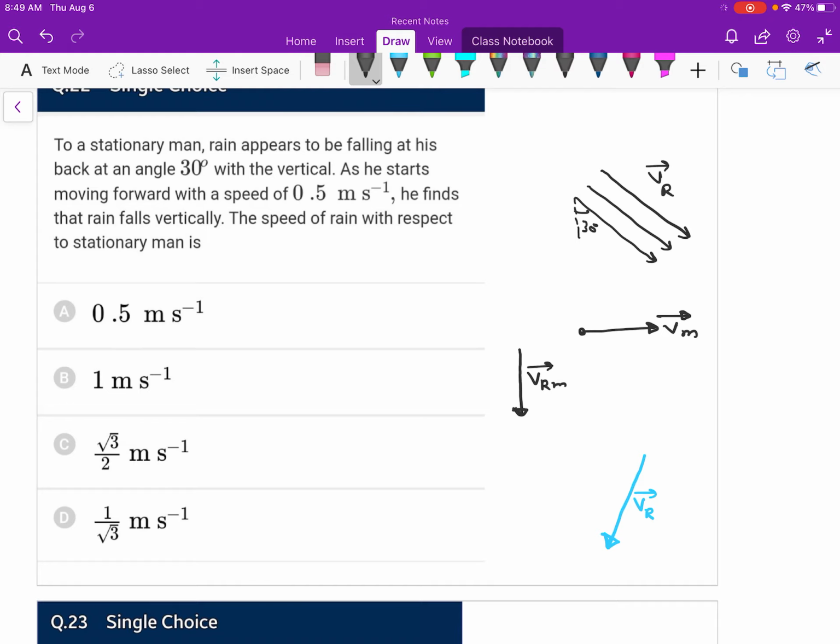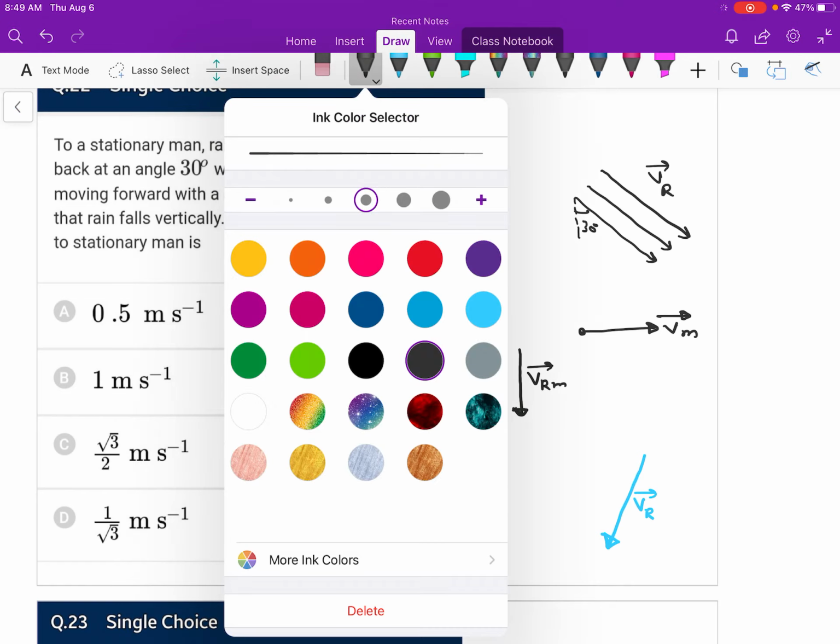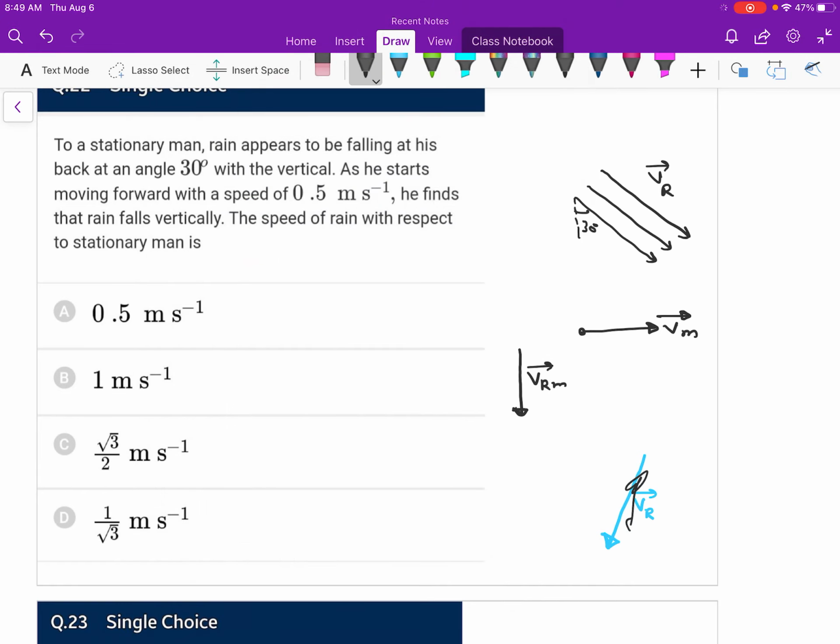This is velocity of rain relative to ground. So velocity of rain relative to man, Vrm, is Vr minus Vm.